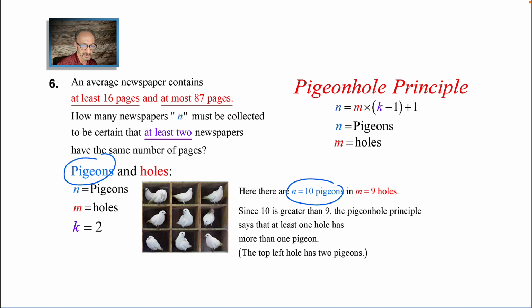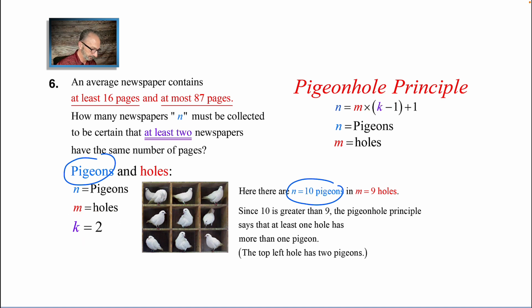To be certain, you try to avoid it and put 1 in each hole, but you're going to be forced to have one more. The number of pigeons will be more than the number of holes. That's the start of the concept. And at least 2 is another way to look at it.